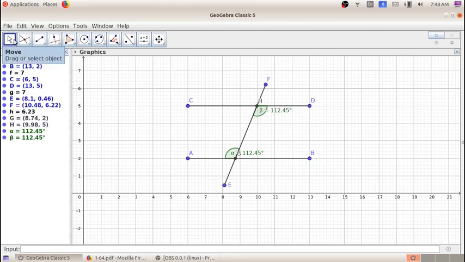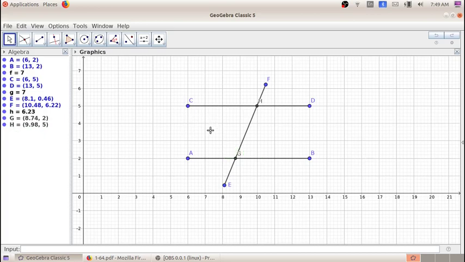Let me take the move tool and move this properly. Okay, this is also alternate. How? Because this is the transversal line. So these two angles are on opposite sides of the transversal line. This is at the right side and this is at the left side. So I hope all are clear about alternate angles.